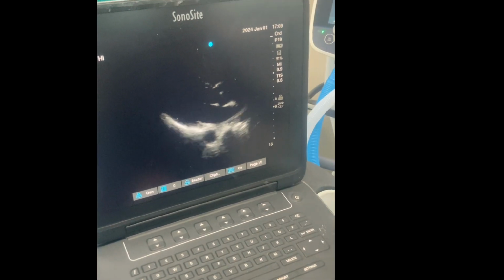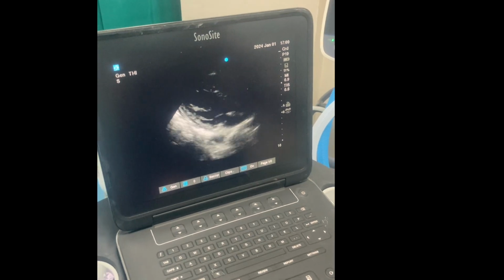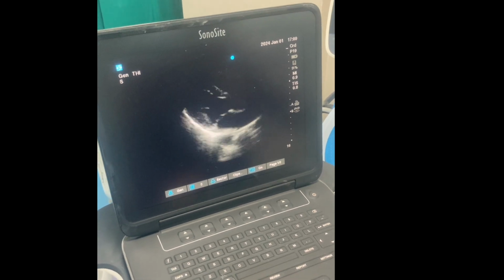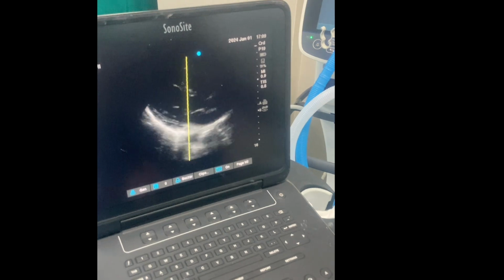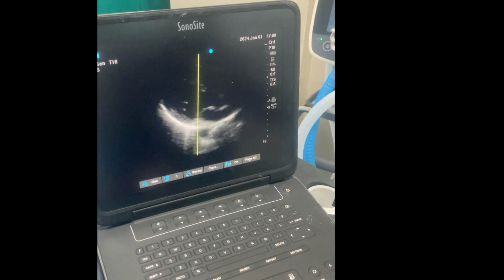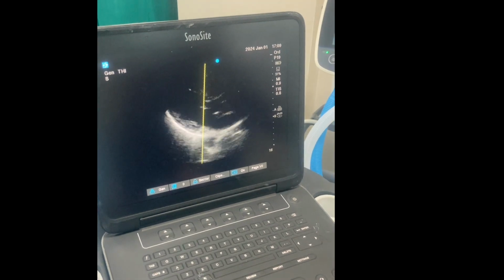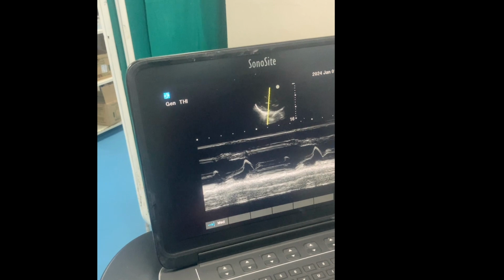Once you get the parasternal long axis view, then you have to apply the M mode here over the mitral valve. And then freeze it.